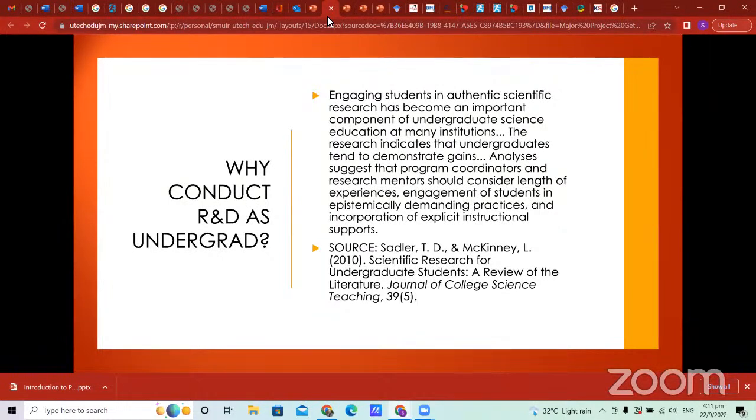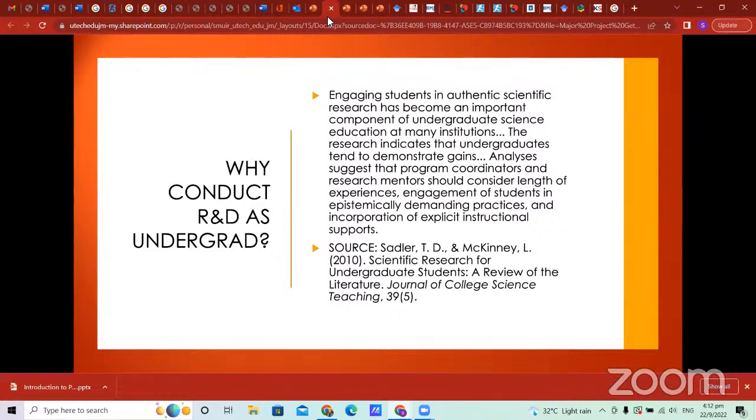They say students should be engaged in demanding practices. I think we can easily ask students who were in a major project last year and previous years, that is demanding. So that can actually help people leave with positive experiences, as in gains, readiness for further academic work in the future, and explicit instructional supports.